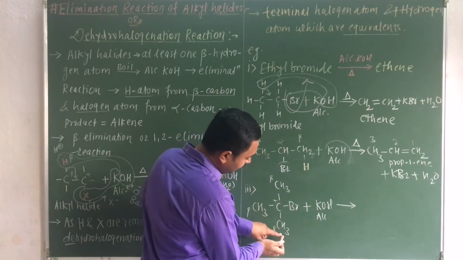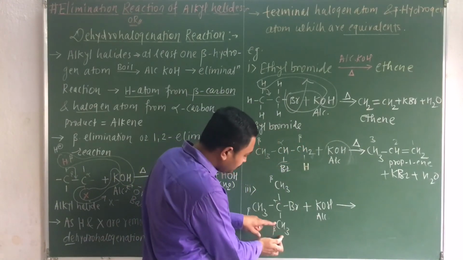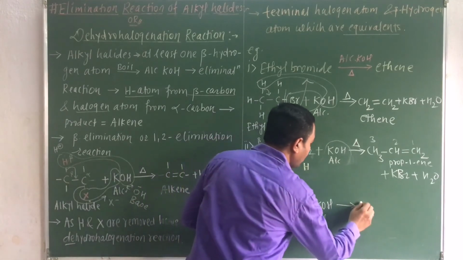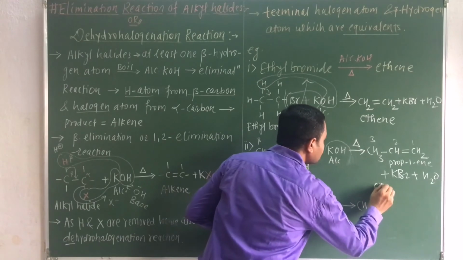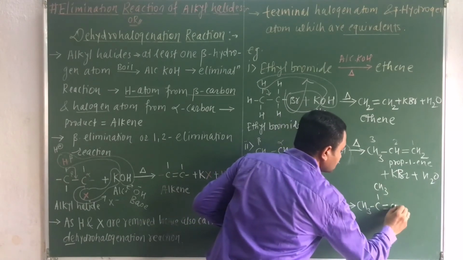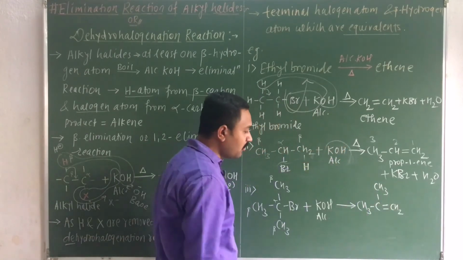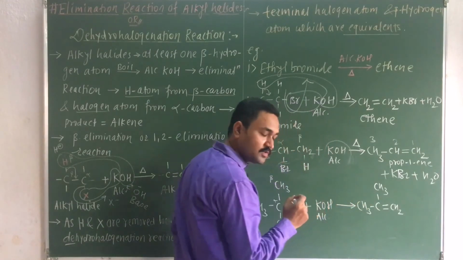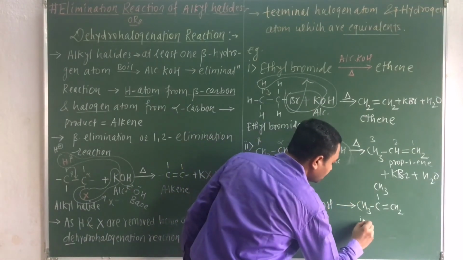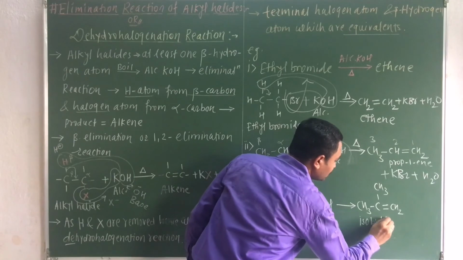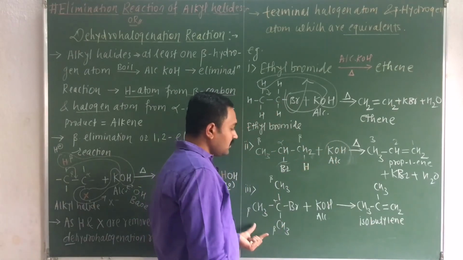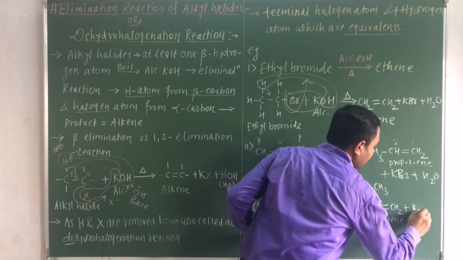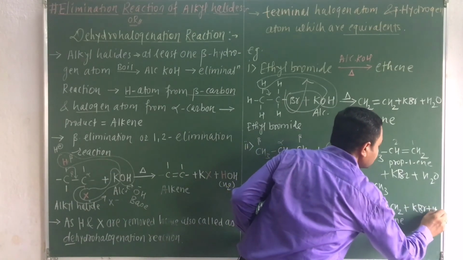Suppose I have removed the beta hydrogen atom from this carbon atom, then I will obtain the product as CH3, C, CH3, CH2, double bond CH2. So this is nothing but your isobutylene compound, plus we will get KBr plus H2O.